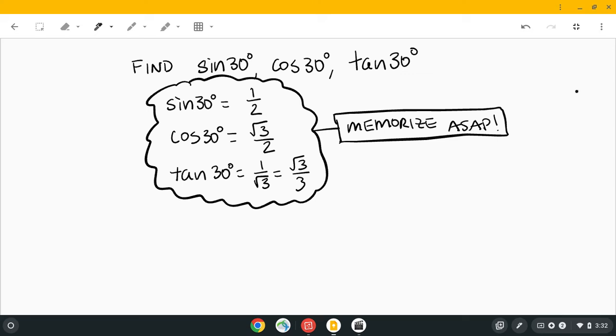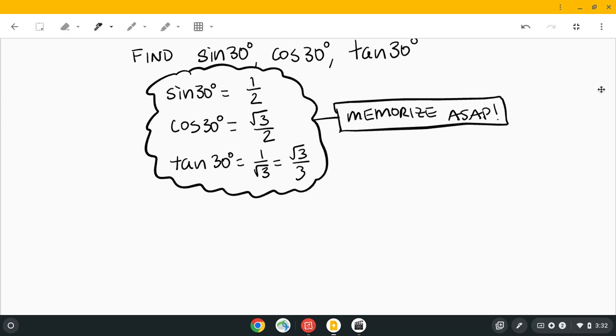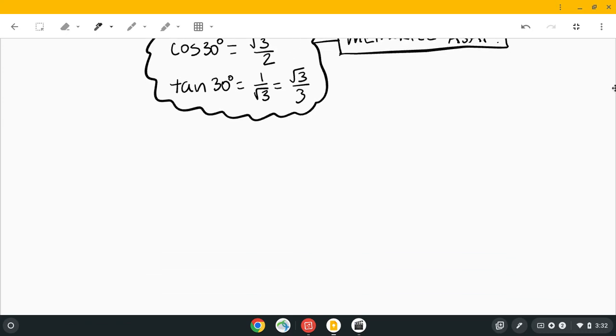Then let's take a look at the 45, 45, 90 triangle. Let's recall what we had in Unit 1.